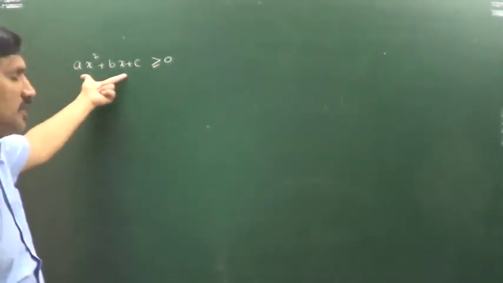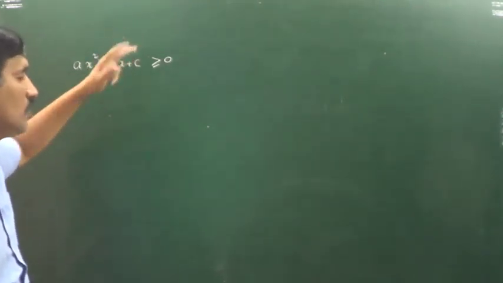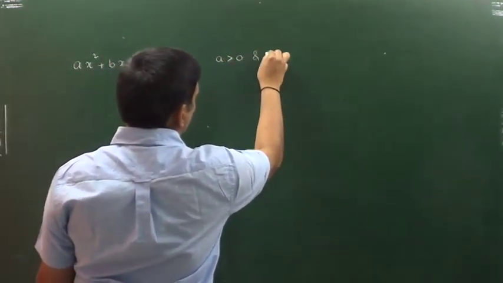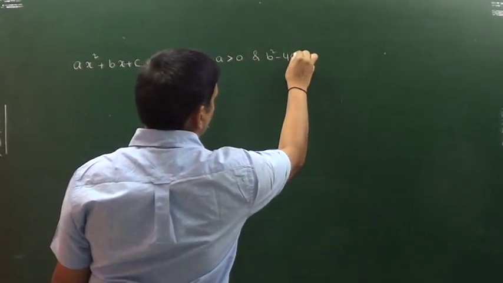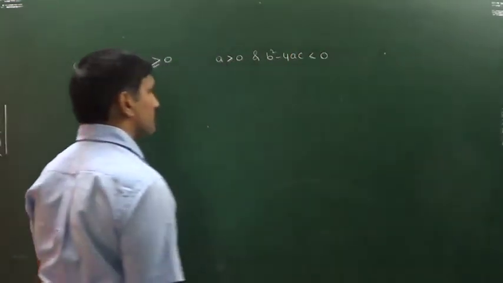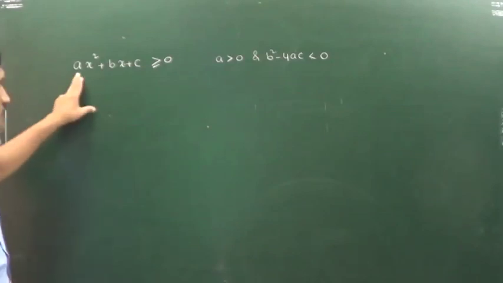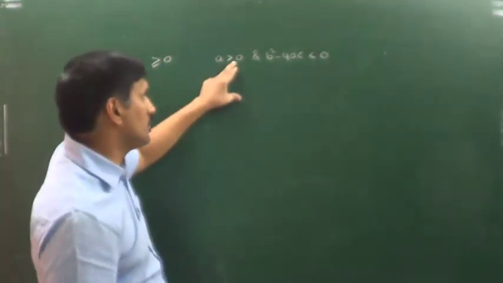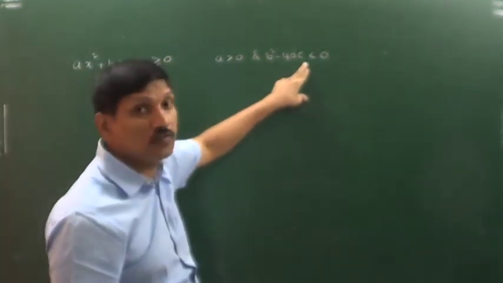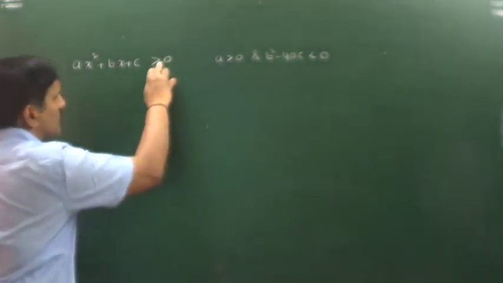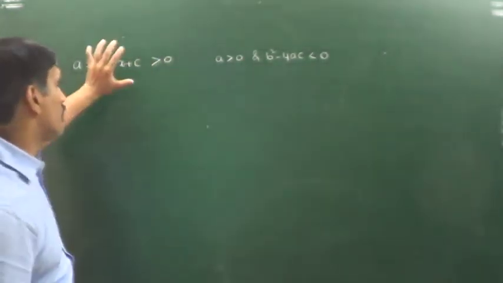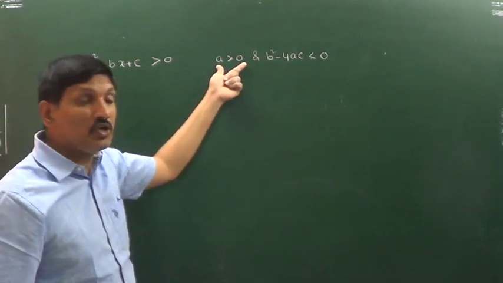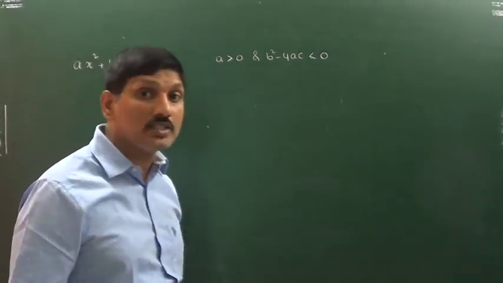The quadratic expression ax square plus bx plus c is always positive under the condition a greater than 0 and b square minus 4ac less than 0.